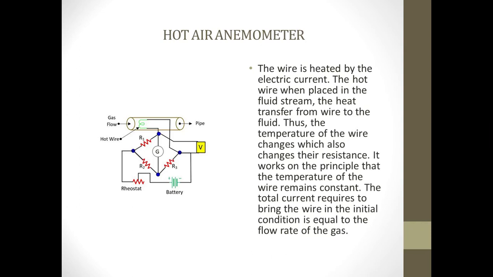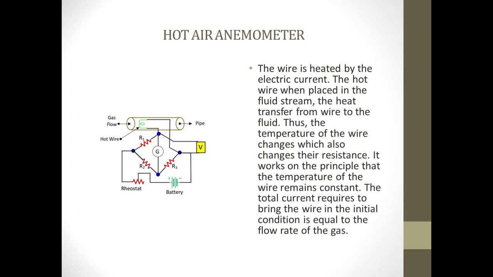Flow rate of non-conducting liquids in open channels and closed pipes and of gases in closed pipes can be measured very conveniently by suitably locating this transducer, which is in the form of a wire element.